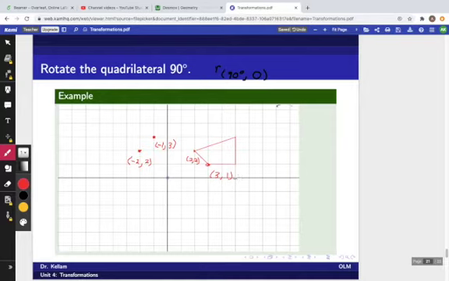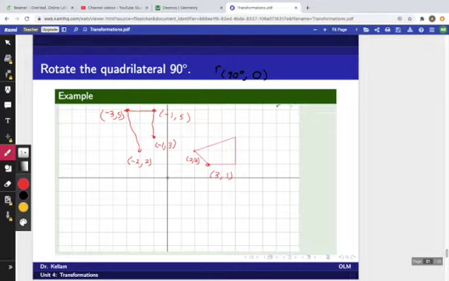I can guarantee you that our next point is negative 1, 5. The next point is negative 3, 5. And this is our object.